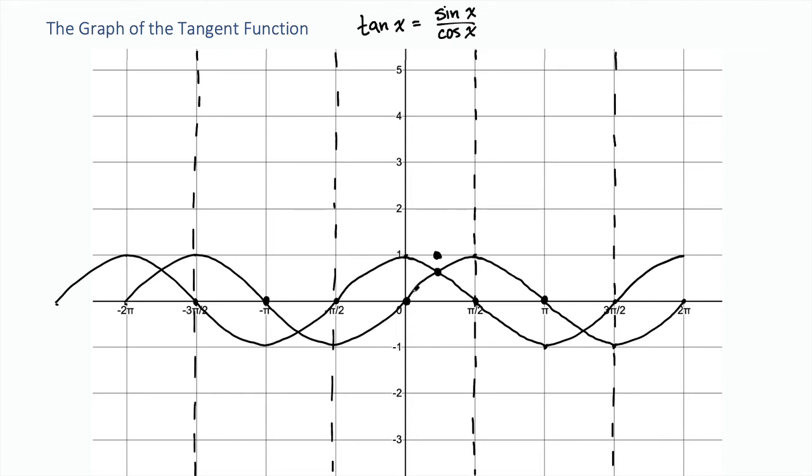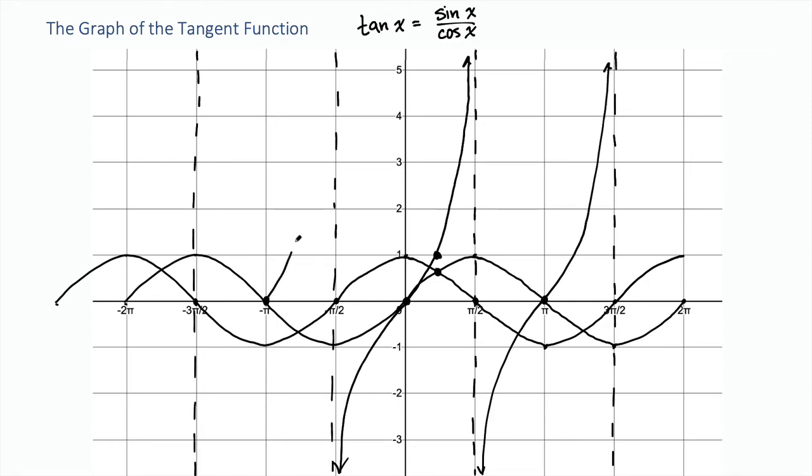And we're going to follow this asymptote. So the tangent function looks something like this. Over here we have a negative divided by a positive, so it goes like that. And that same thing repeats over and over and over.